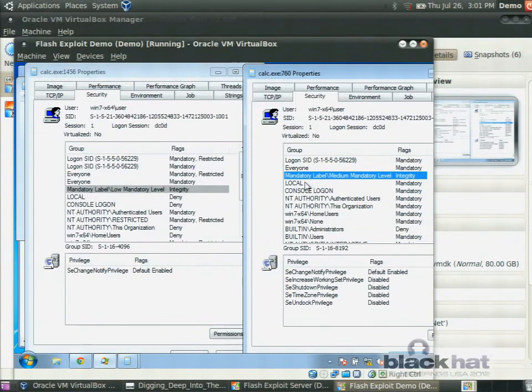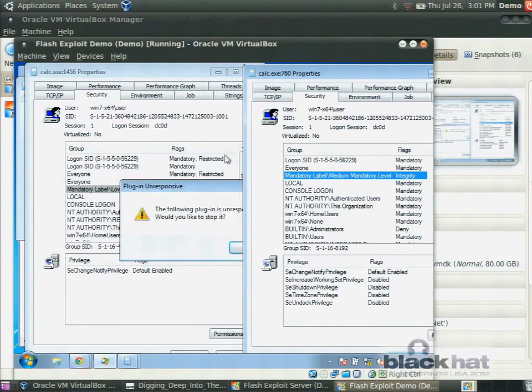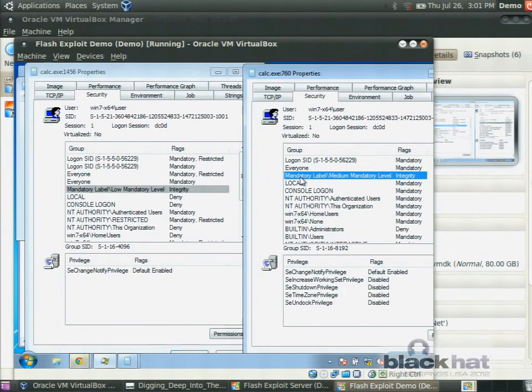This is spawned by the initially exploited sandboxed Flash plugin process.